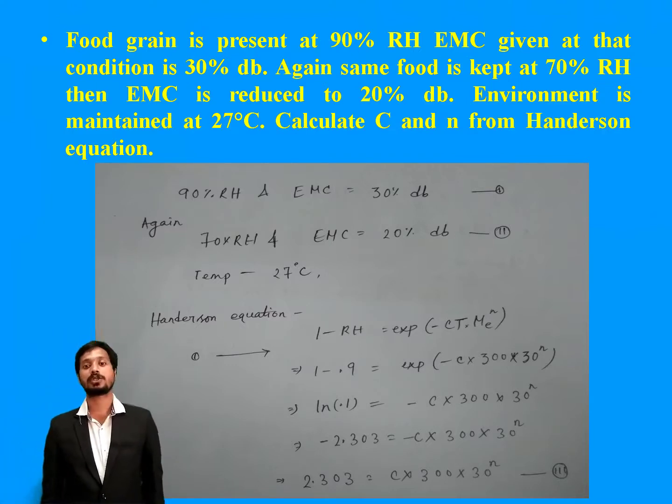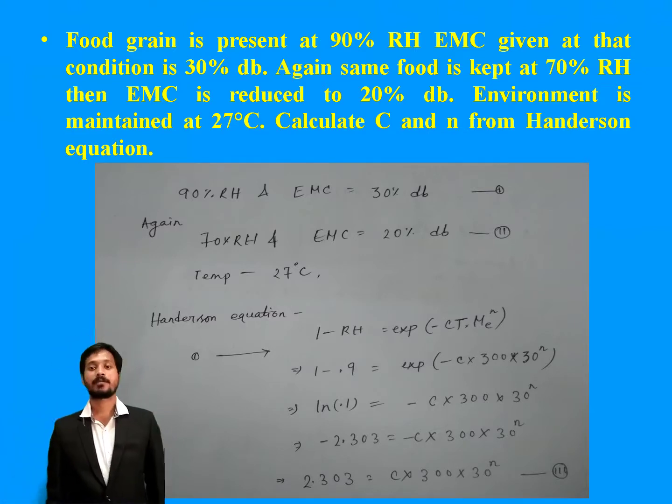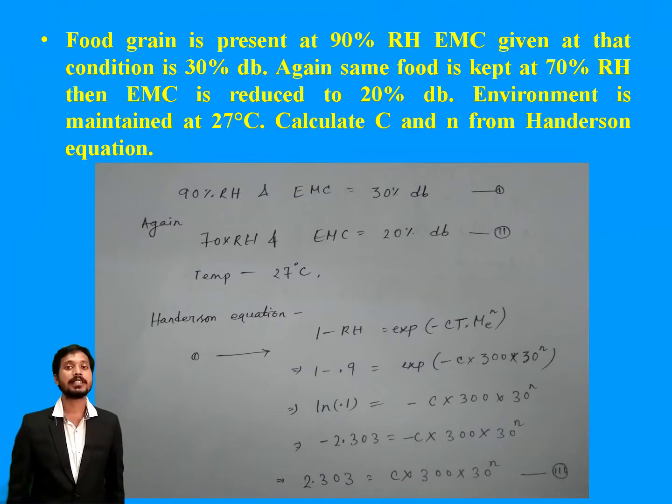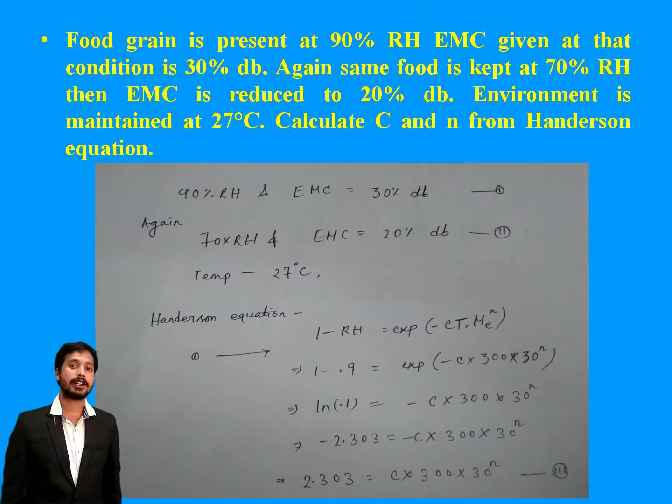So 27 plus 273 is coming 300. So multiply 300, then multiply ME. How much? It's given 30%, and I know the value of ME should be given in percentage. So 30 to the power n also I don't know.